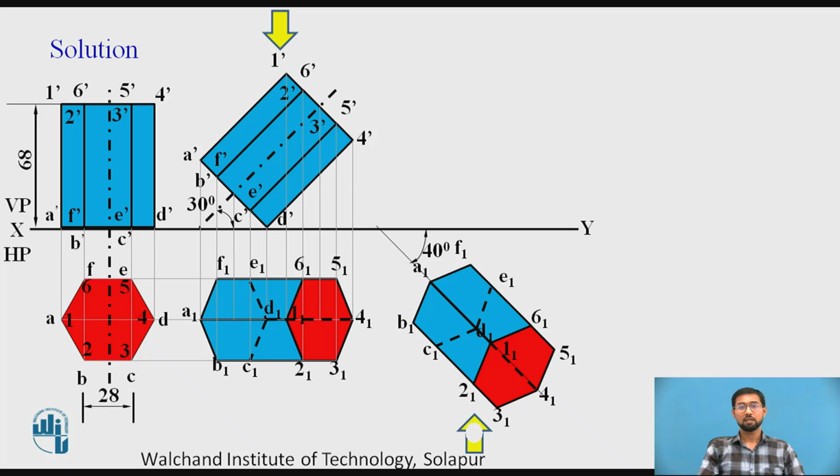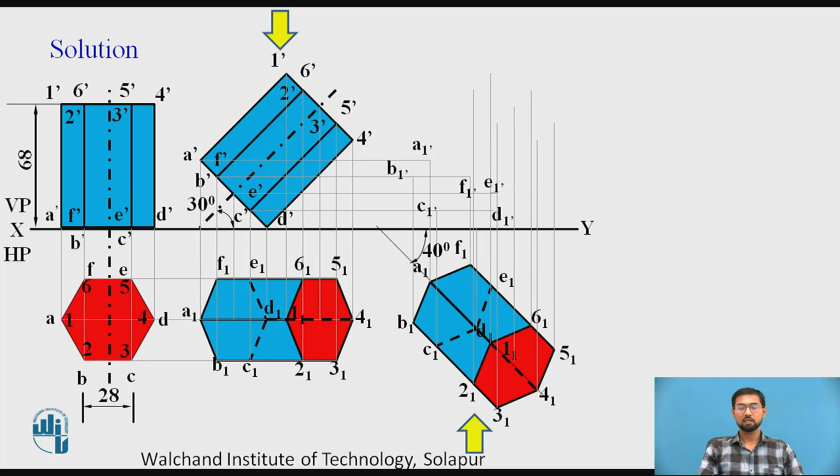Then we take the next observer from the bottom side, so he will observe the front view now. For that purpose we have to take projections from the bottom view to above the XY line, and the same projections from the third view, because we have to draw a new base of the hexagonal prism. So we will mark A1 dash, B1 dash, C1 dash, D1 dash, E1 dash and F1 dash.